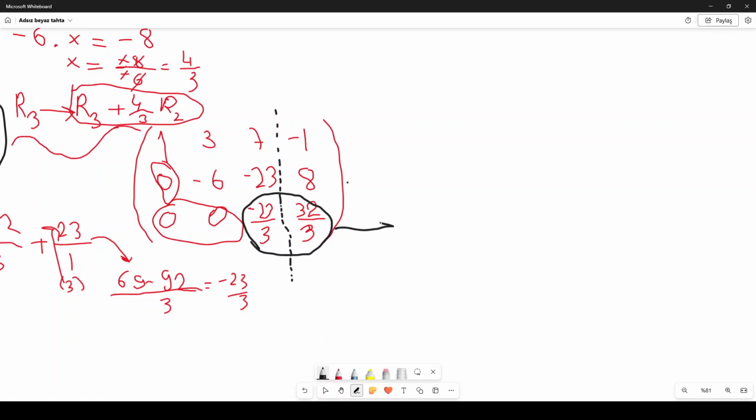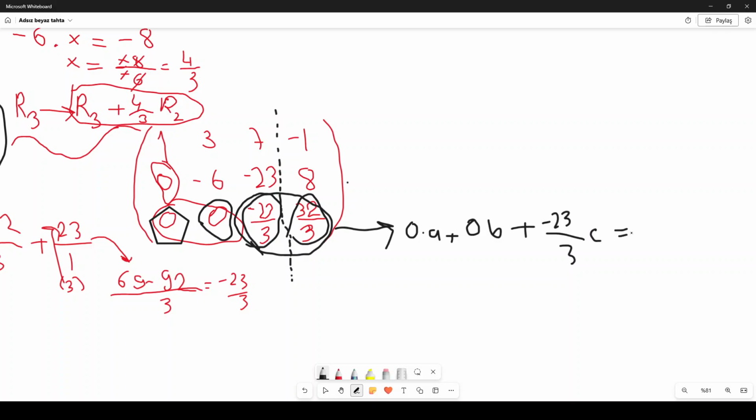If you start at the last row, this 0 is the coefficient of the unknown variable A, this 0 is the coefficient of the unknown variable B, this coefficient is for the unknown variable C, and this value is the right hand side value. So this means that we have 0a plus 0b plus minus 23 over 3 c is equal to 32 over 3.